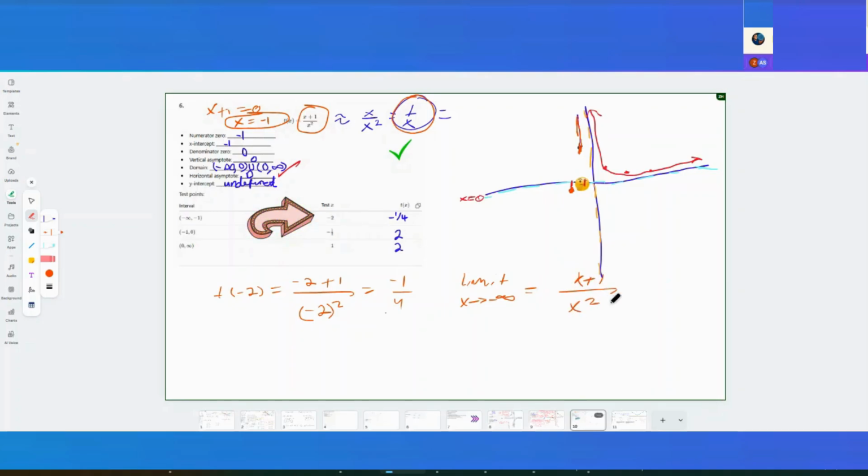As mathematicians, we look at the behavior because of the x squared in the denominator. If it's x squared in the denominator, that dominates the behavior of the rational function.